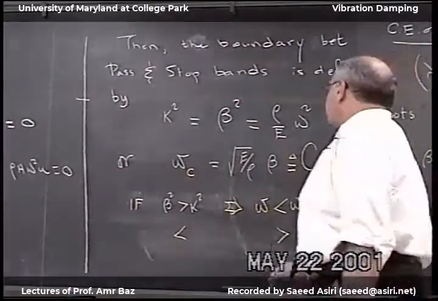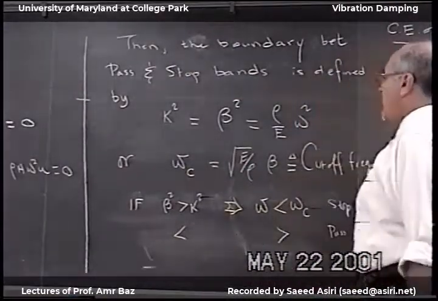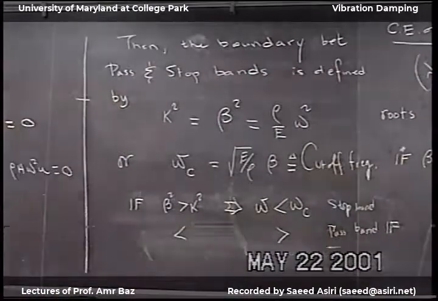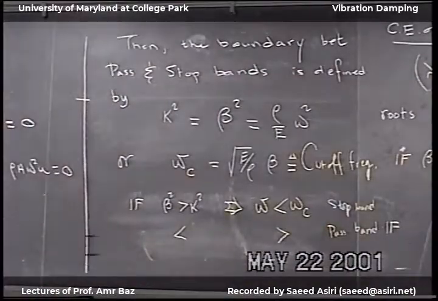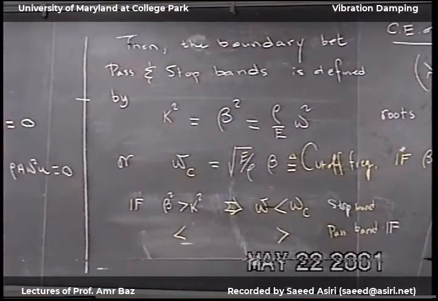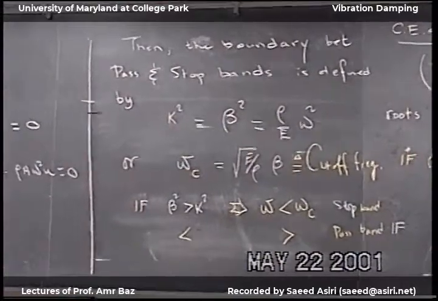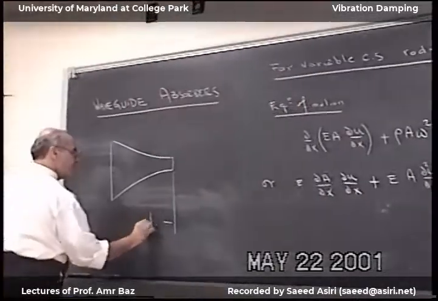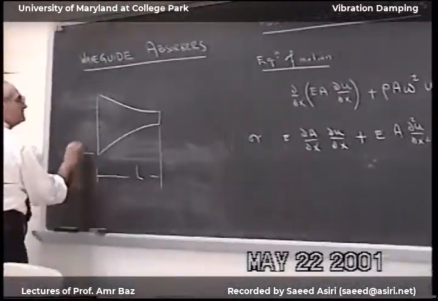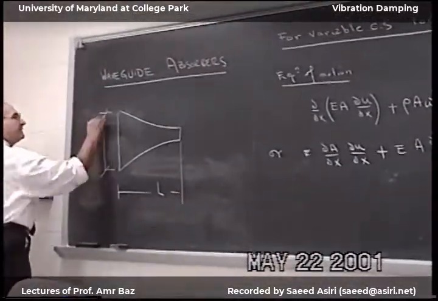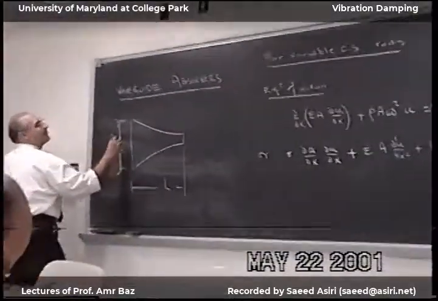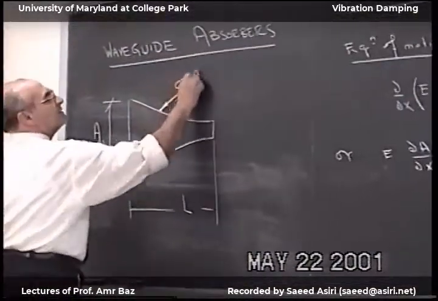Now, this is the rod like this. This is my A0, and this is A0.